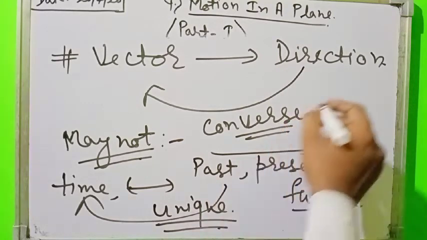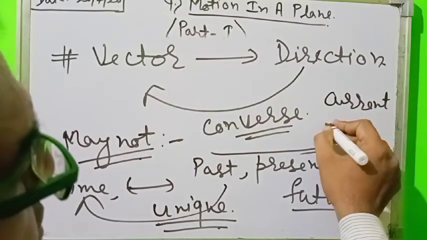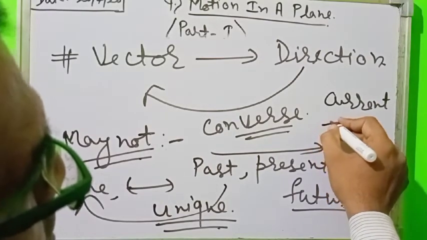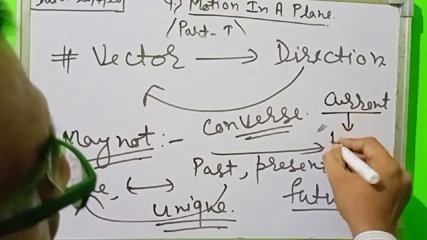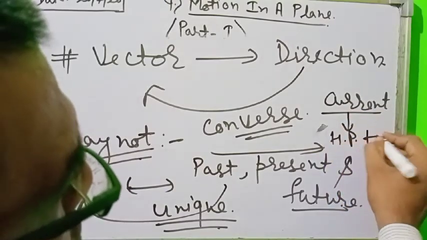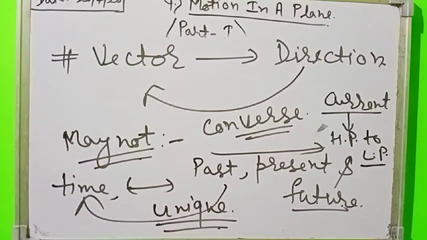Second one is current. Current has a specified direction, from higher potential to lower potential. Always current flows from higher potential to lower potential. But it is a scalar quantity, not a vector quantity, because first, it does not obey the parallelogram law of vector addition.